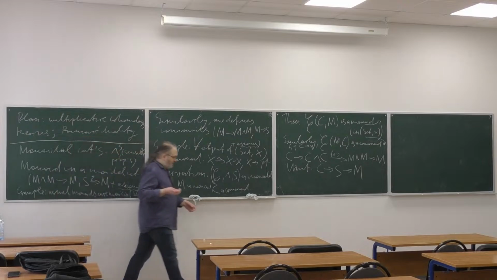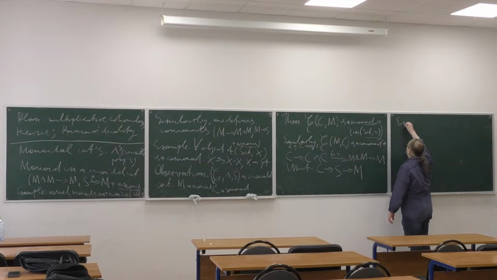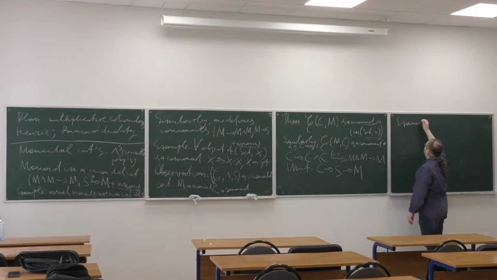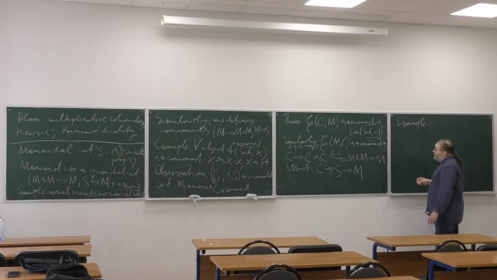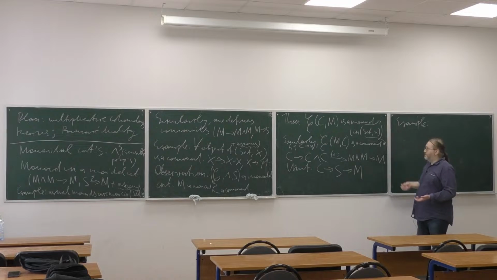For example, again, let's take the category of sets with the Cartesian product as the monoidal structure.